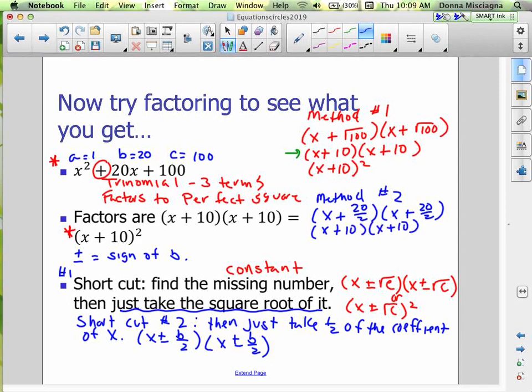Right? So in my head, I'm doing 20 divided by 2. I'm probably not going to write 20 divided by 2, and I'm probably not going to write the square root of 100. I'm probably going to just think in my head, oh, 20 divided by 2 is 10. Right? And no matter what, it's x plus 10 squared. So you see, either way, either you take the square root of the constant term or you take half of b, you get the exact same number. That's what's great about this.